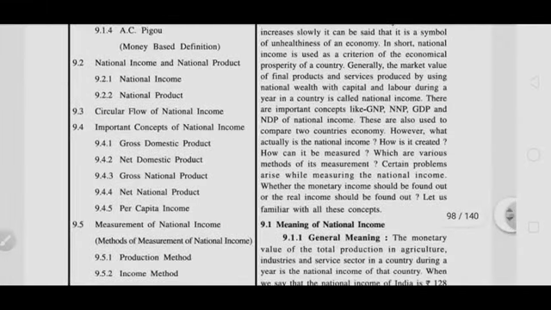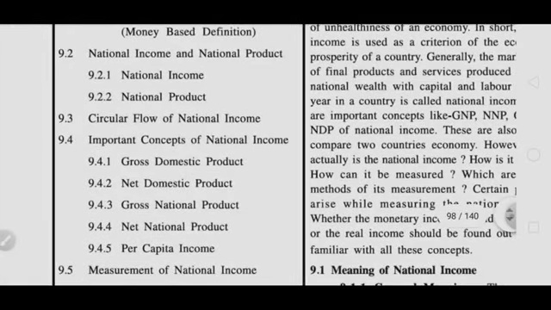Then we will move forward. There will be the difference between national income and national product. Then we will discuss the circular flow. After understanding this particular point of circular flow of national income, you will be able to understand the whole national income.